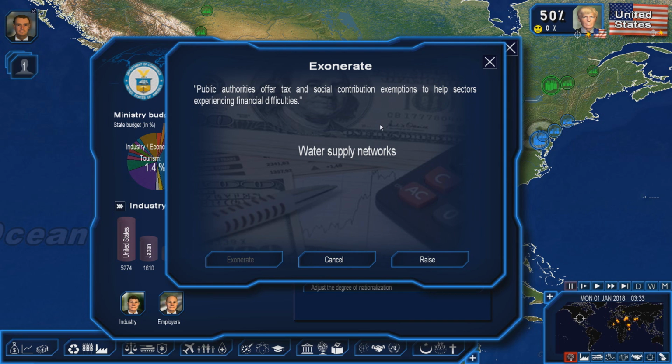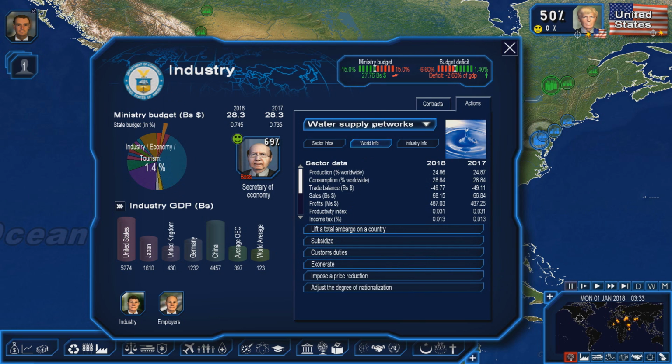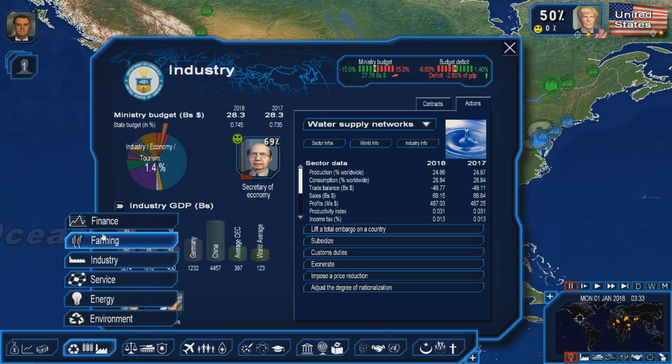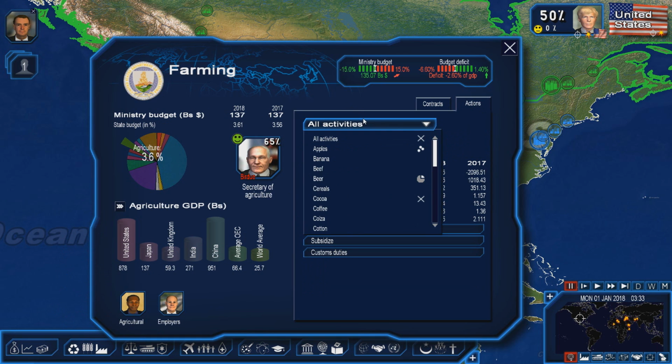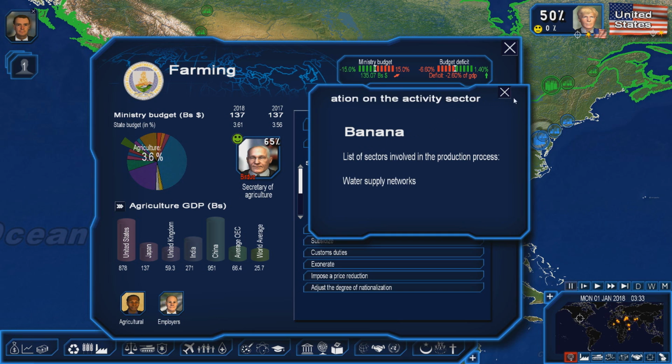An exoneration is basically a public authority giving tax and social contribution exemptions to help sectors experiencing financial difficulties. Exonerating the water supply network helps your farming industry, because if you come over here, every single one of these needs water supply networks.